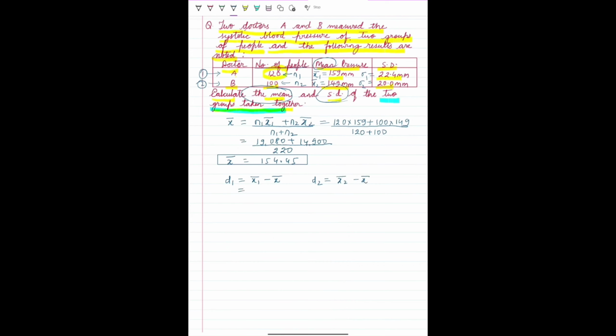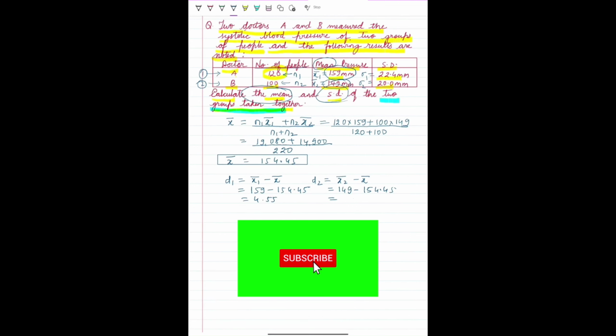So we have x1 as 159 minus the x bar we just evaluated, 154.45, and this comes to 4.55. For d2 we have x2 as 149 minus 154.45, which gives minus 5.45.